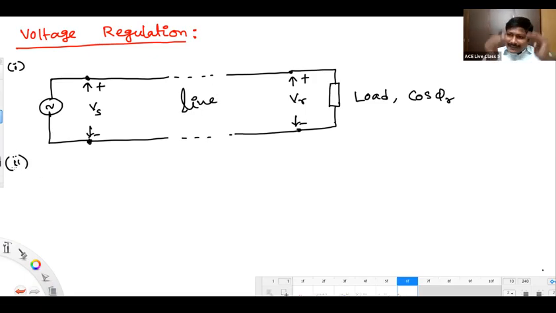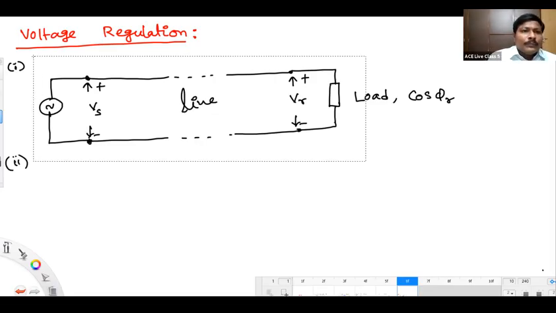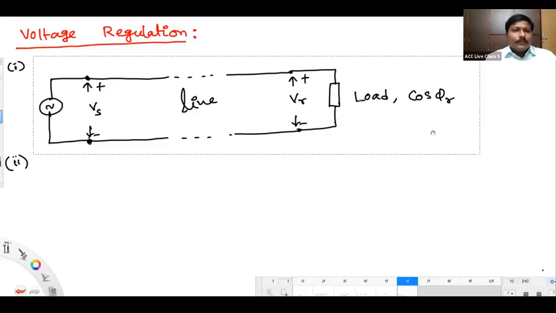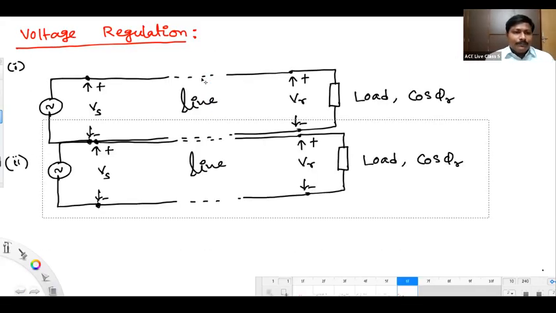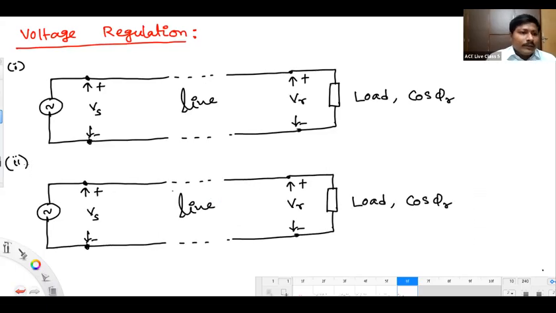Case two, I will repeat the same, but whatever load we have, that load I am disconnecting. Or you can say the load is suddenly thrown off, and the line is going to carry zero current.